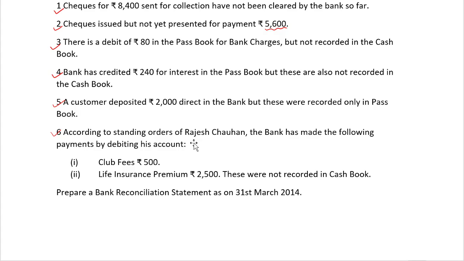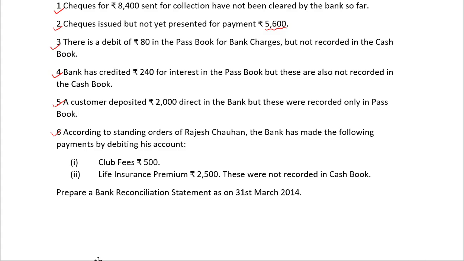These were not recorded in the cash book. At a later point of time, this entry will also reflect in the cash book when Mr. Rajesh Chauhan takes into consideration that the entry is reflecting in the passbook. Later on he will adjust the cash book.